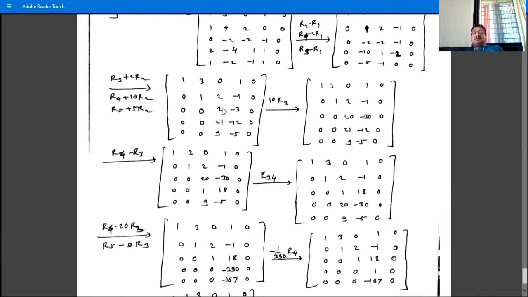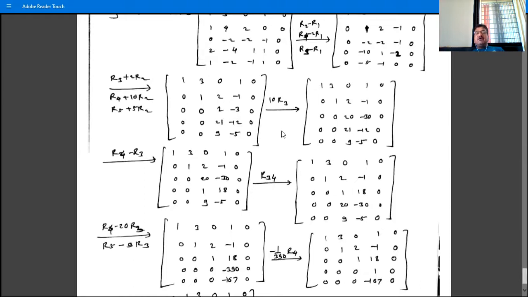We have to reduce this element 2 to 1. If you multiply the third row by 1/2, then we have 1, but here we have minus 3 by 2. In order to avoid this fractional number, we reduce this element to 1 differently. First multiply by 10, so we have 20 at this place and minus 30 at this place.